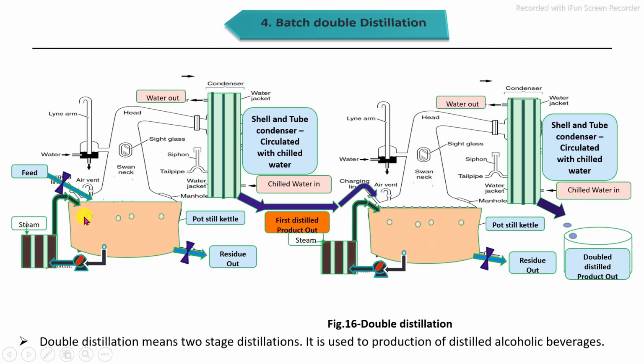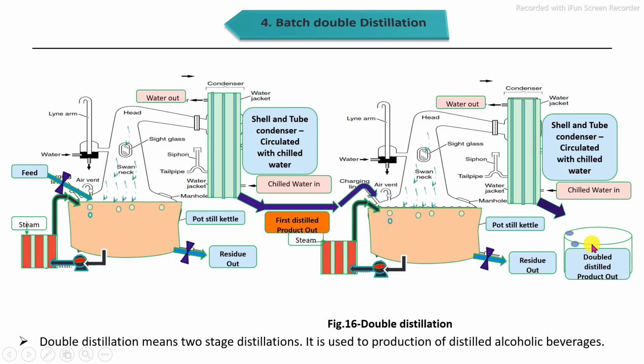If the initially fermented liquid contains 10% alcohol, then after the first distillation we get at least 30% concentrated product. If we feed it into the second distillation system, we get at least 50% alcohol in the final product.